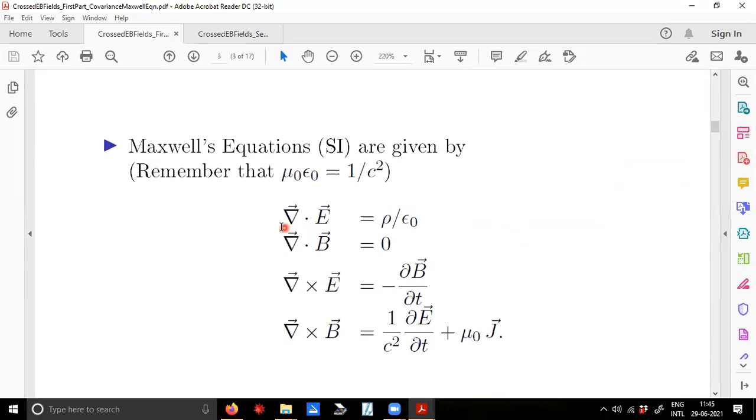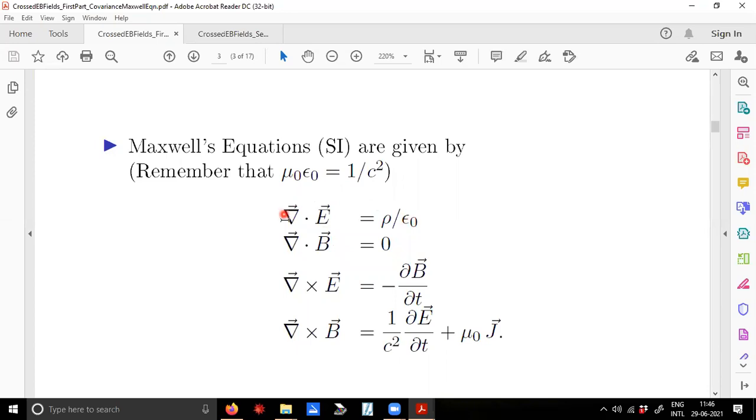Let us see that. Divergence of E is equal to rho by epsilon naught. How many equations? It's counting equations. What is this quantity? Divergence. Only one. What is divergence of E? Is it a scalar or a vector? It's a scalar.